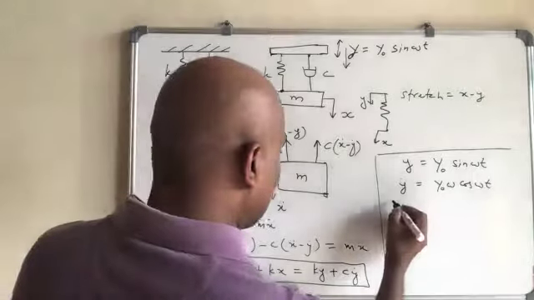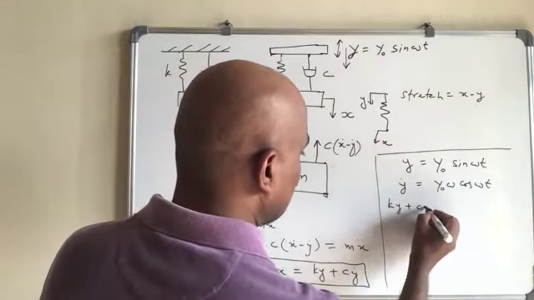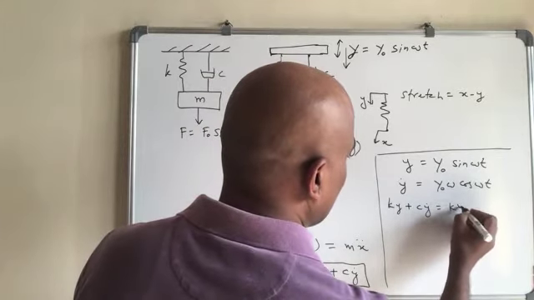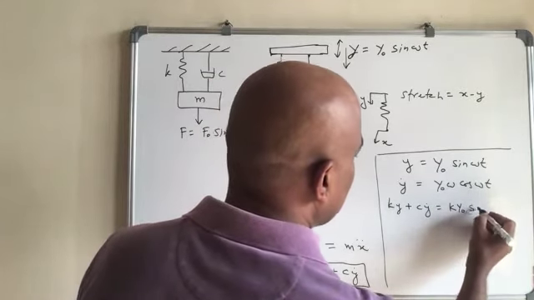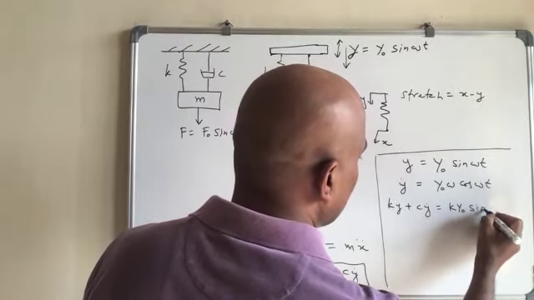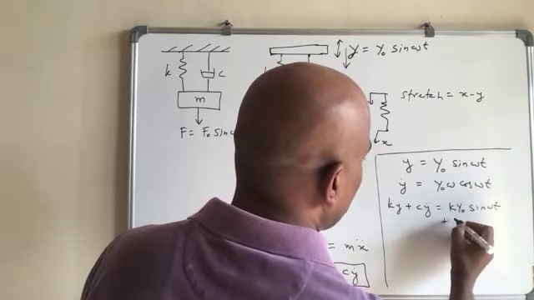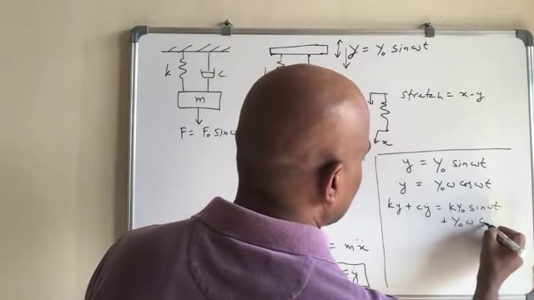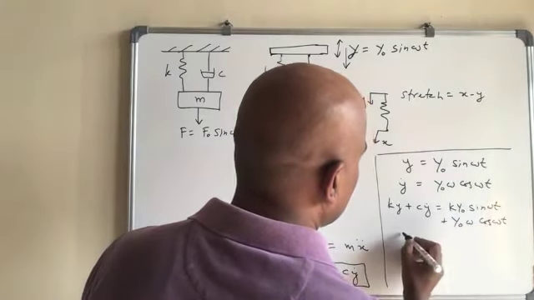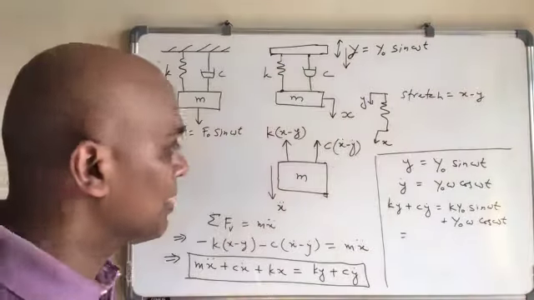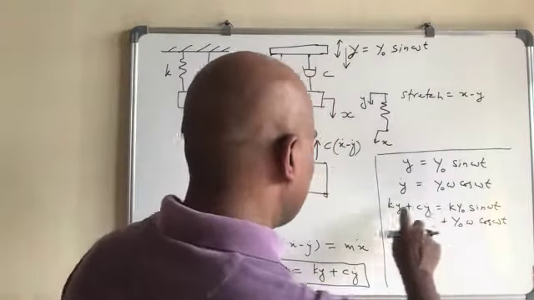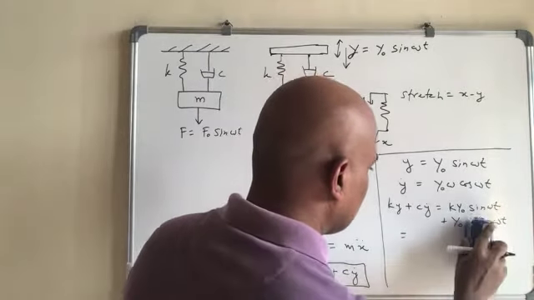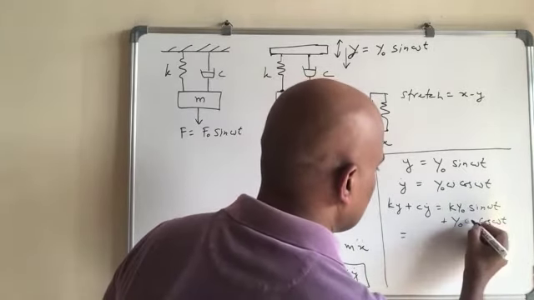So ky plus cy dot equals k y naught sine omega t plus c y naught omega cos omega t.